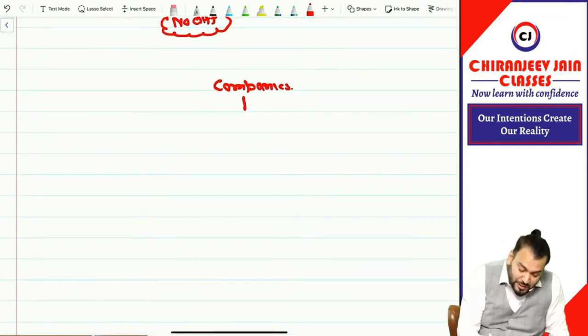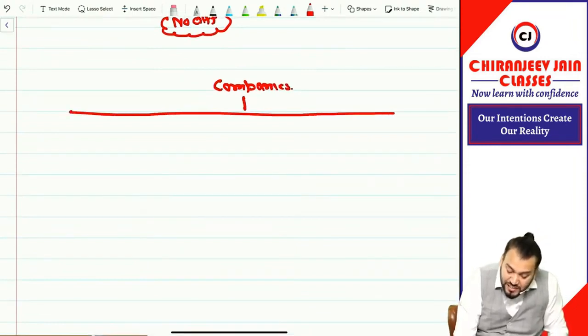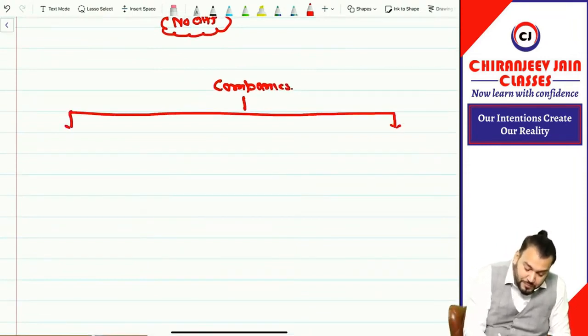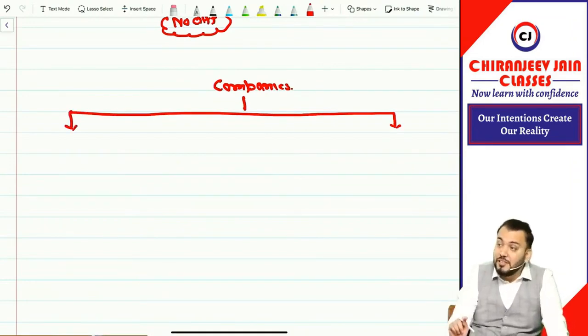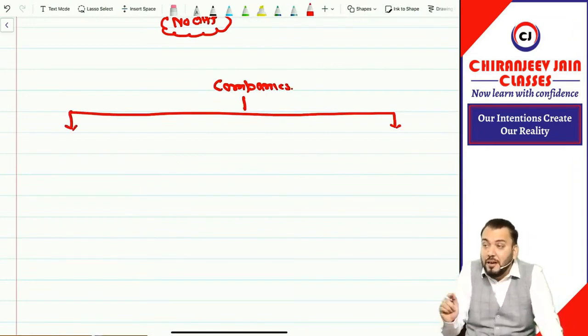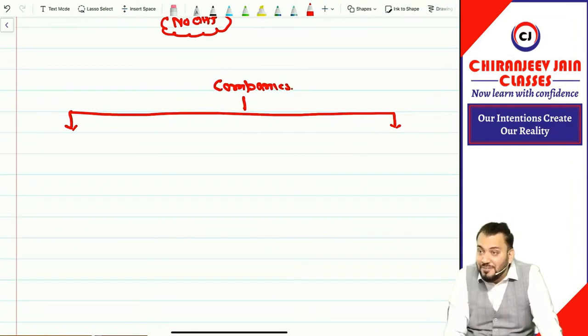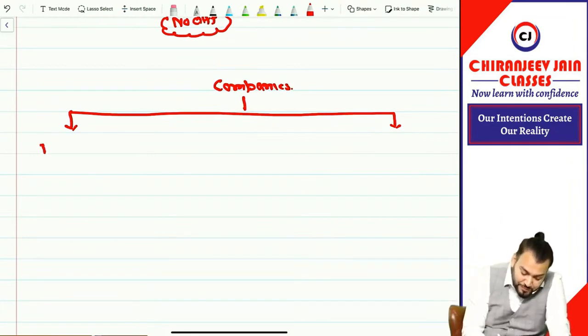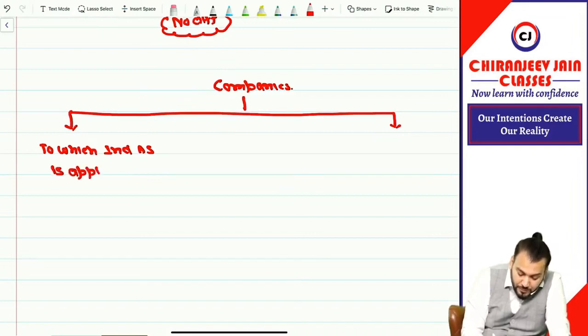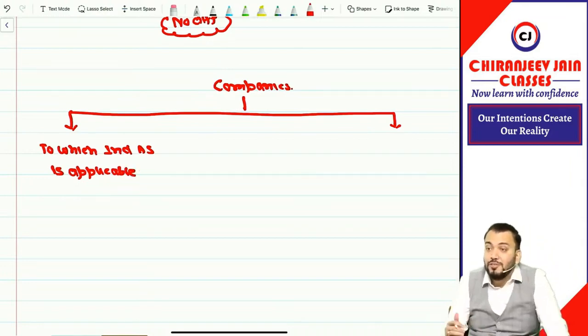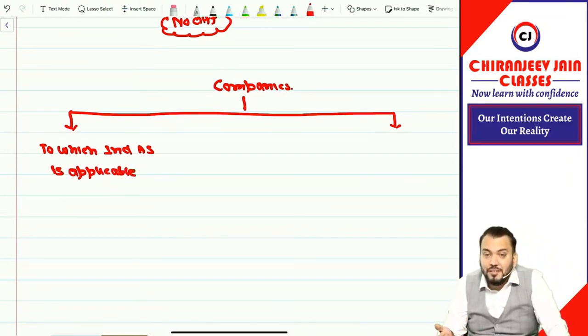So there are two types of companies from the financial statement point of view: a company to which Ind AS will be applicable, and a company to which Ind AS is not applicable. Understood?